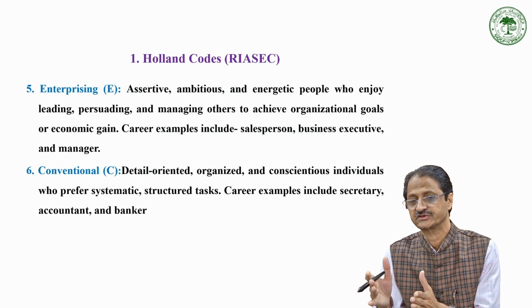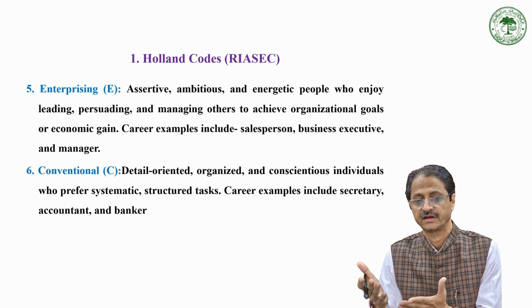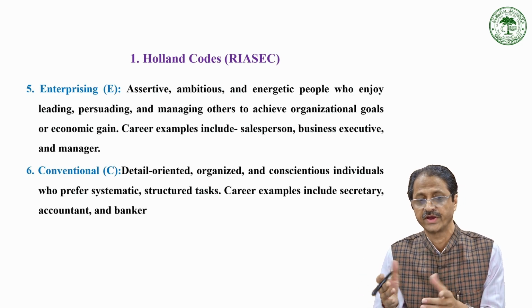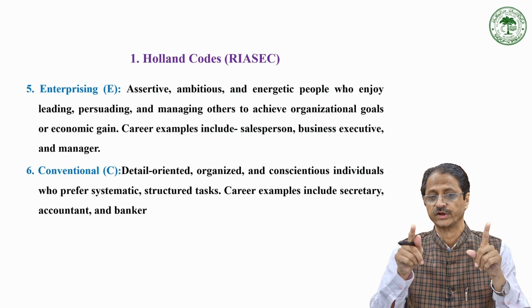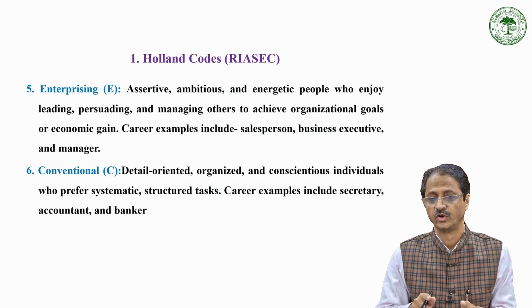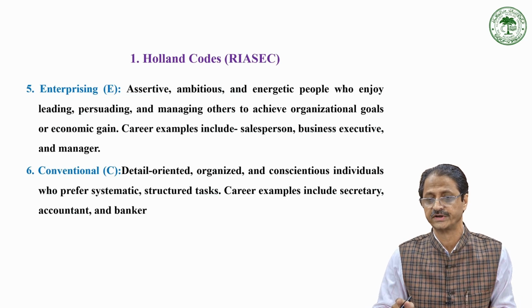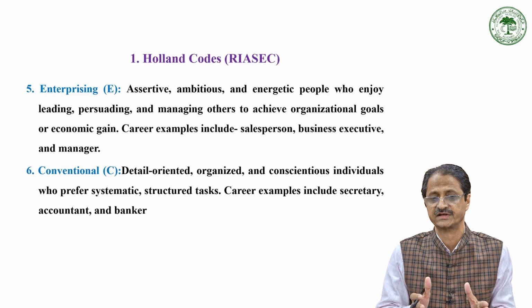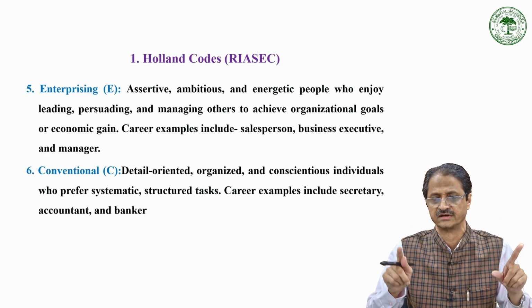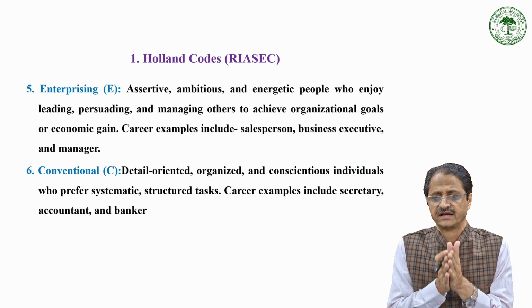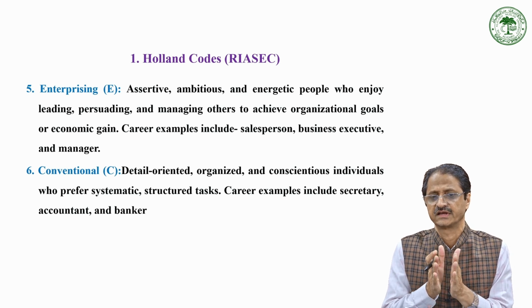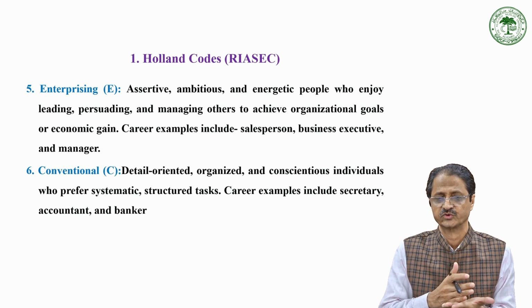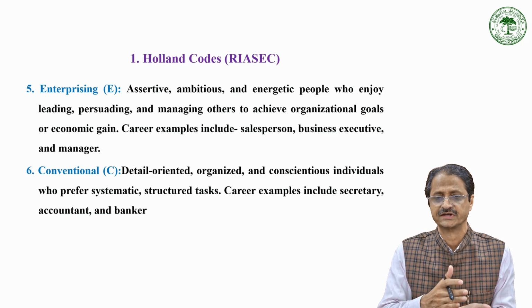Career examples include secretary, accountant, and banker, where detail oriented tasks are there, organization is more important, and individuals perform systematic or structured tasks where structure is present, and they are able to perform the task better if they demonstrate these kinds of conventional traits.